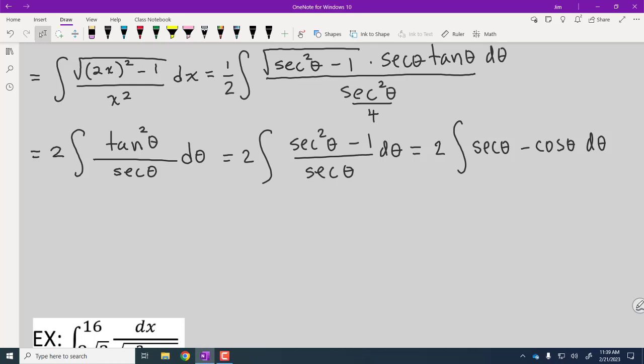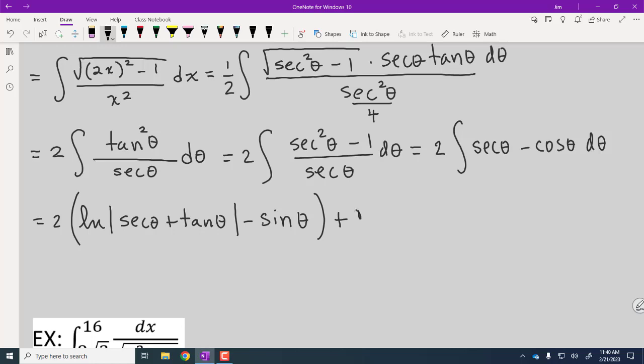Integral of secant, natural log absolute secant plus tangent. Integral of cosine, sine. All right, so that's what we end up with.